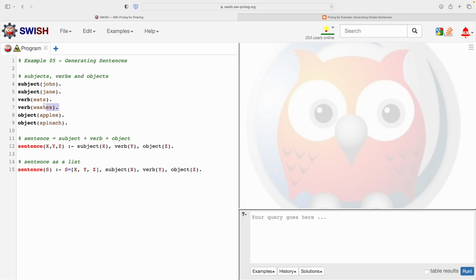The next two facts in Prolog's database mention a thing called eats and washes, and they have a property called verb. And finally, apples and spinach, they have a property called object. So this is what we've done right from the very first video, the idea of creating facts which mention a property about a thing, and we can just, as a practice, we can test.